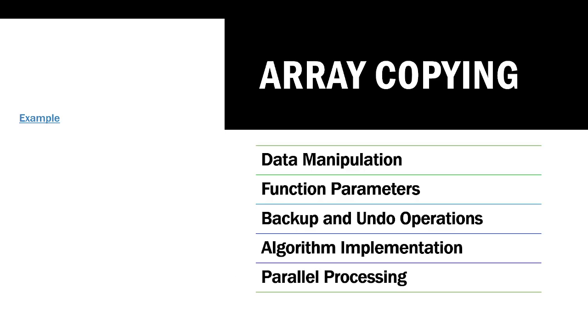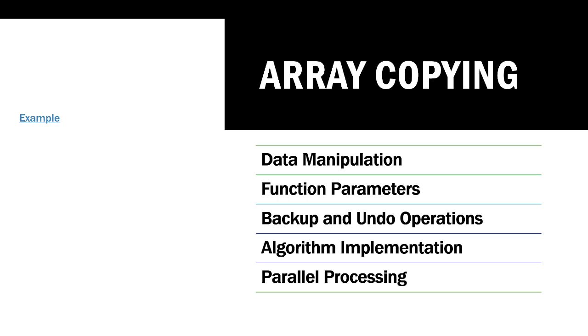Let's understand the concept of copying. Array copying is the process of duplicating the elements of one array into the other. This operation involves iterating through each element of the source array and copying its value to the corresponding position in the destination array.